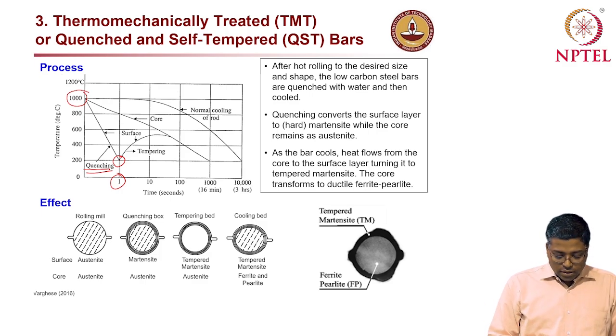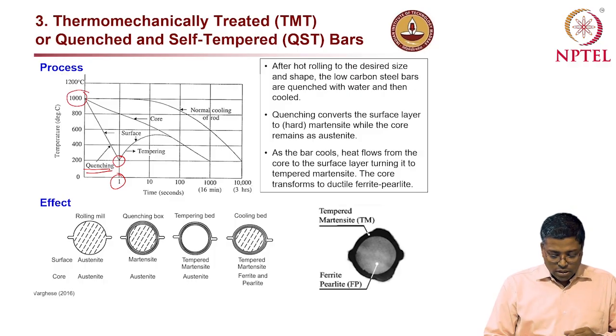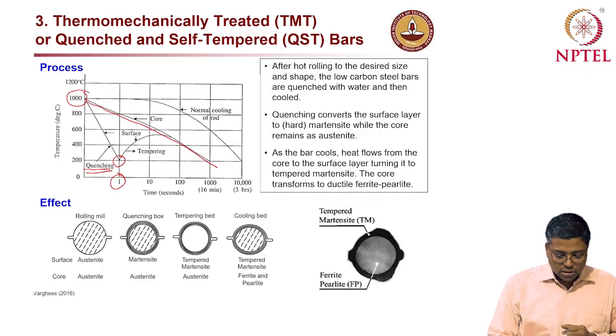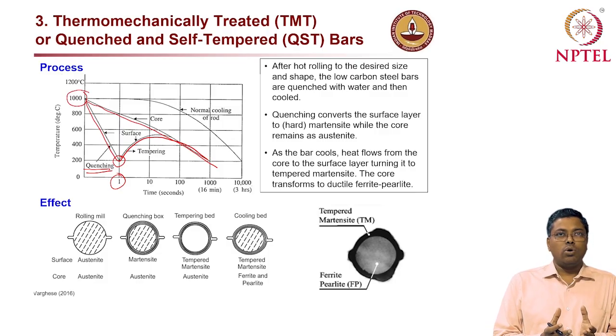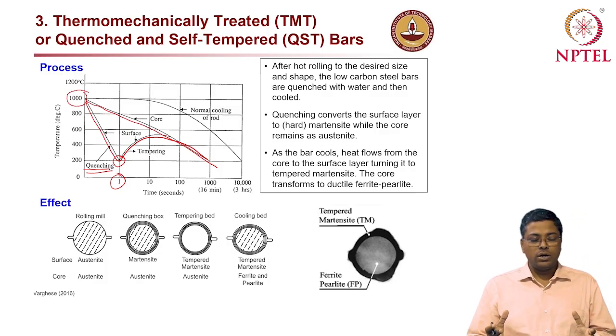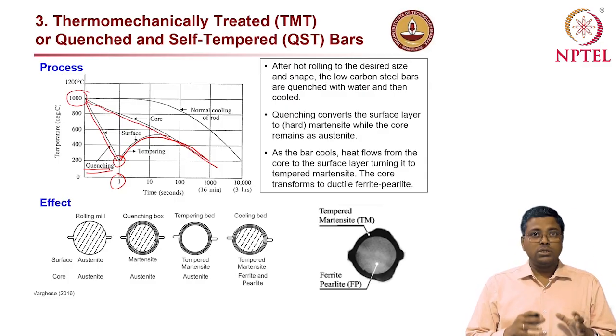And at that moment, the core of the steel is still really hot. This curve here indicates the core temperature, and this curve here indicates the surface temperature. So the heat from the core is radiating outward, and it tempers the surface which is quenched.